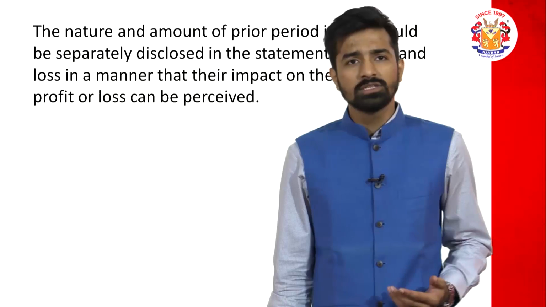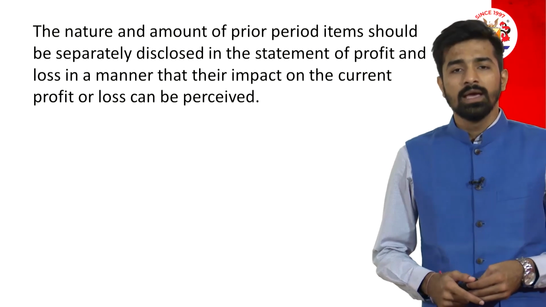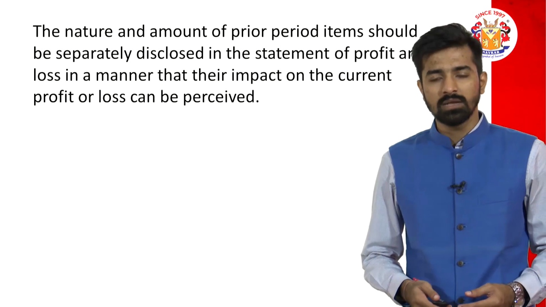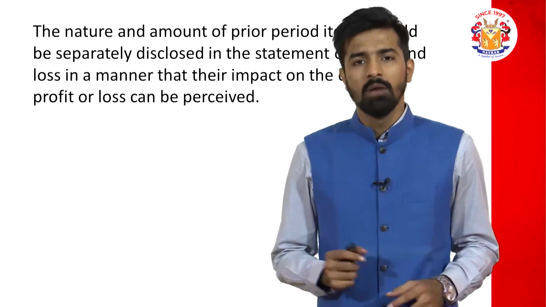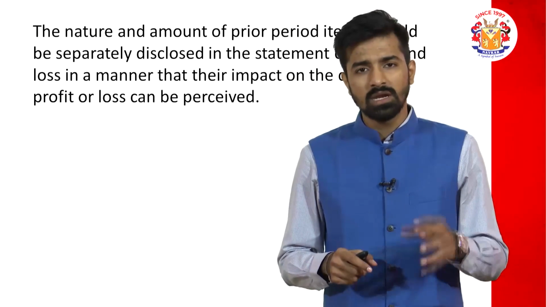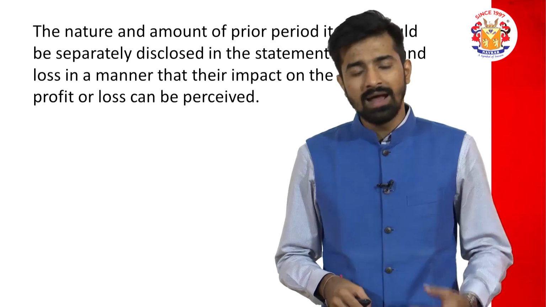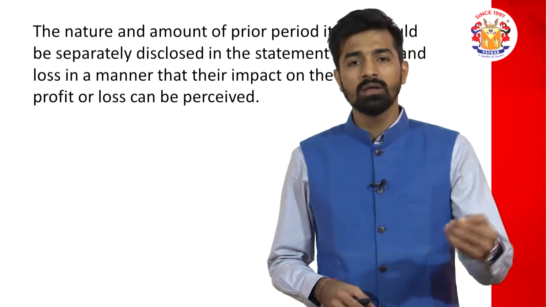The next one, the nature and amount of prior period items should be separately disclosed in the statement of profit and loss in a manner in that their impact on the current profit or loss can be perceived. See, basically prior period items do not belong to the current year, but they are still recorded in the statement of profit or loss for the current year. So because of that, the actual profit figure of the current year may vary.